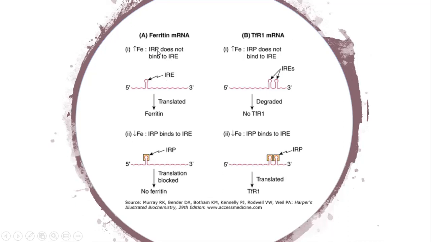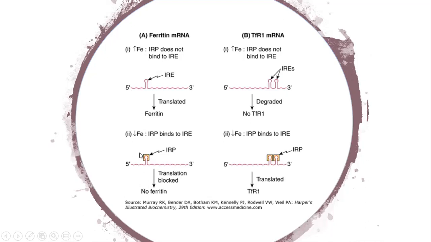If that IRP will not bind to the IRE, that would lead to translation of ferritin. Is that beneficial? Yes, because as you can remember, ferritin is the storage form of iron. If you have high levels of iron, you want to make a protein that would actually store it.